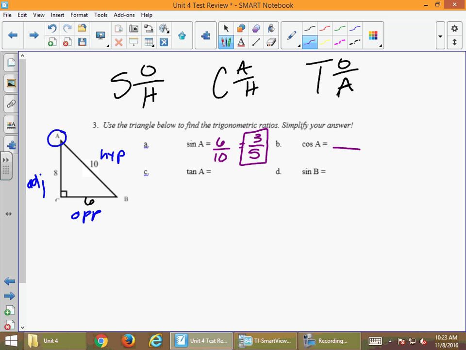Adjacent. What's our adjacent? 8 over, what does the H stand for? What's our hypotenuse? 10. And again, what must we always do with our fractions? Simplify. What does 8 over 10 simplify down to? 4 over 5.